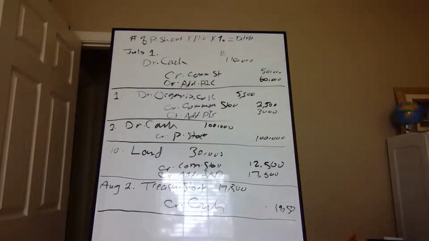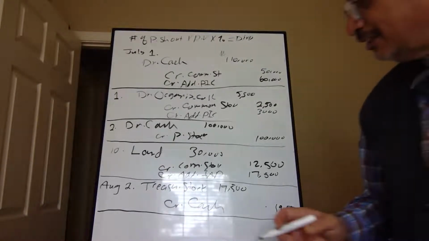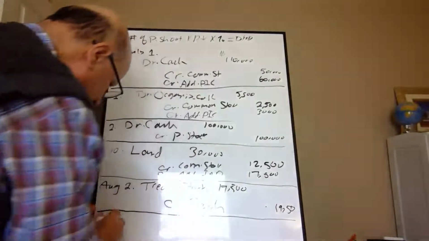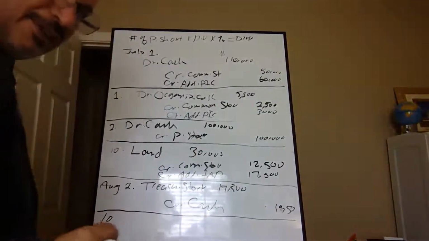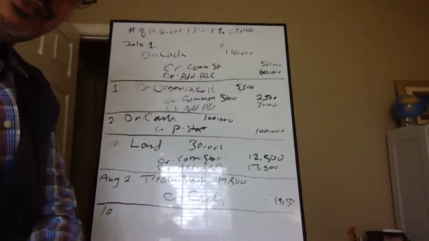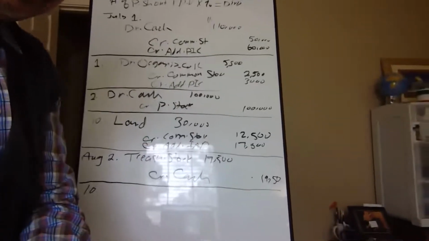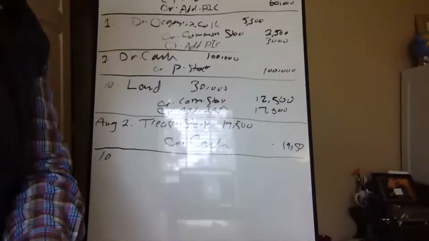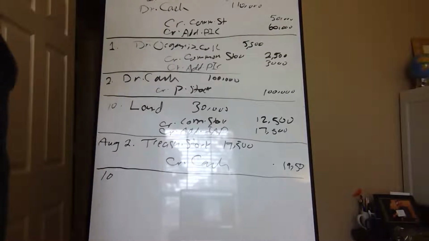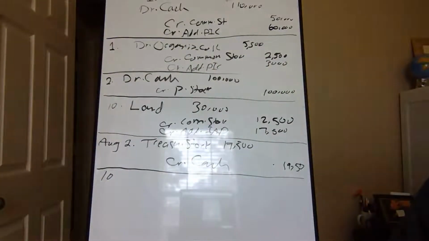On August 10th. What happened on August 10th? Let me make sure. All right, we can see better. On August 10th, the corporation declared dividends.